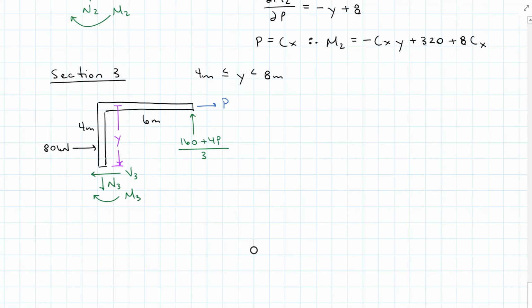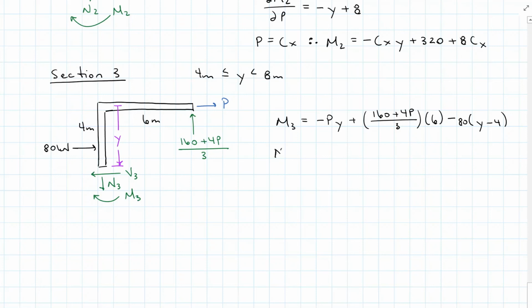Section 3 goes from 4 meters down to 8 meters. We've now got that 80 kilonewton horizontal load added to our vertical portion. And summing moments about section 3, I get moment 3 equal to minus P times y plus 160 plus 4P all over 3 times 6 minus 8 times y minus 4. That's an 80.